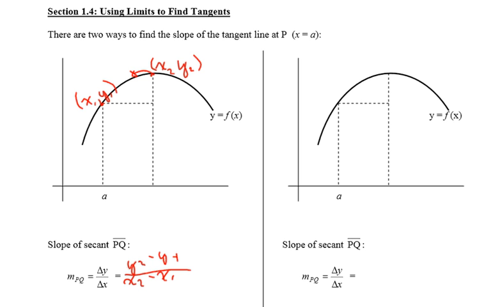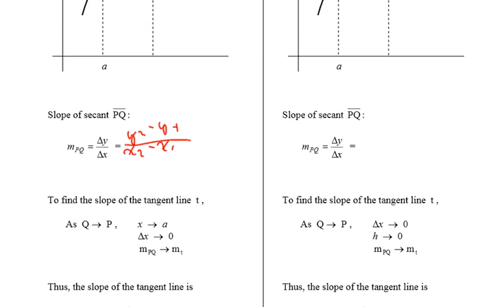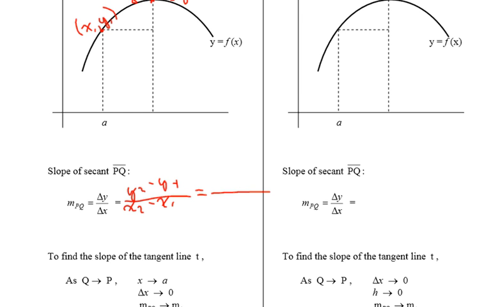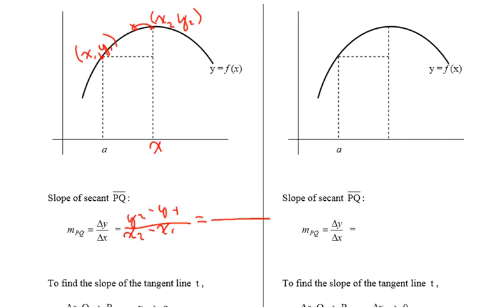We have to imagine a point that's getting closer and closer and getting so close to this first point. So we can rewrite this equation, using a here and x there.